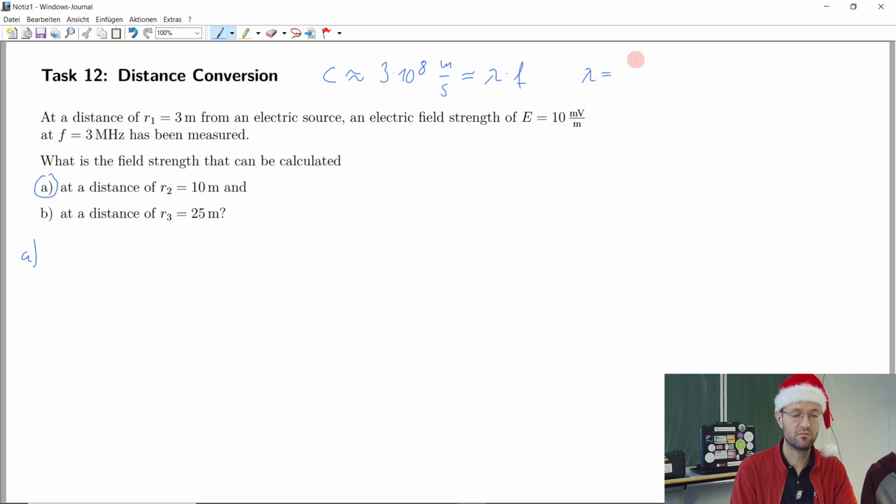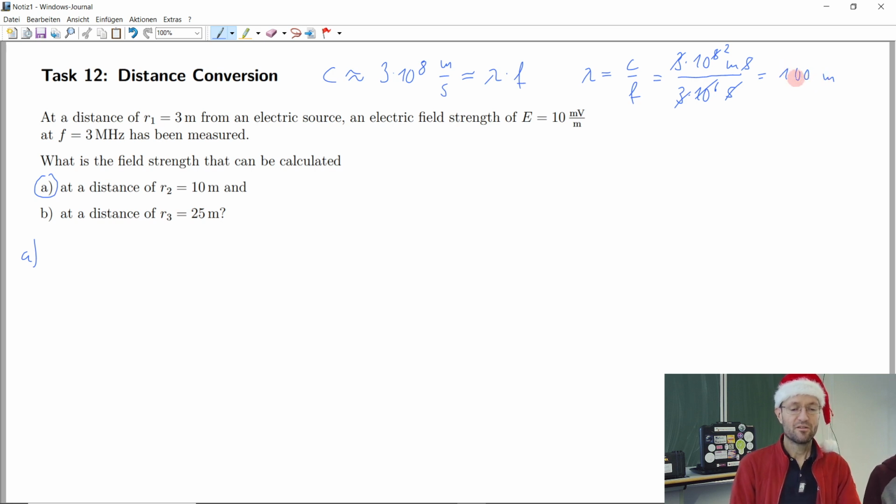So lambda will be c divided by f. If we insert 3 times 10 to the power of 8 meter per second divided by 3 megahertz, mega is 10 to the power of 6, and hertz is 1 over second. So the seconds will cancel each other, the 3 will cancel each other, 10 to the power of 6 and 8 will give 10 to the power of 2, and these are 100 meters. So we get 100 meters of wavelength.